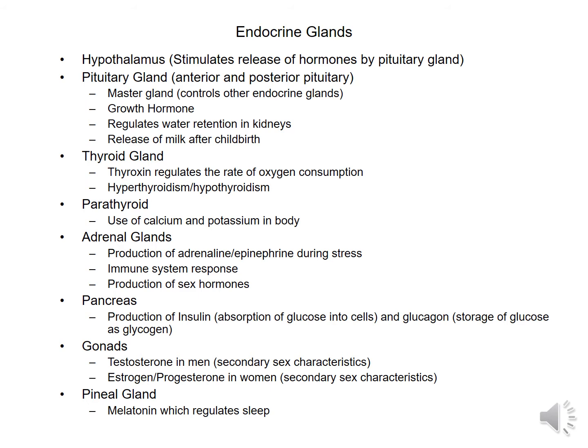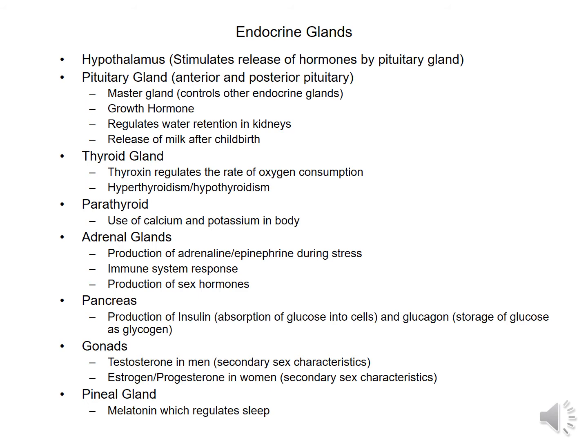So if a person has an immune system response, which is mediated by the adrenal glands, for example, poison ivy poisoning, they're often given synthetic corticosteroids like prednisone to help reduce inflammation.